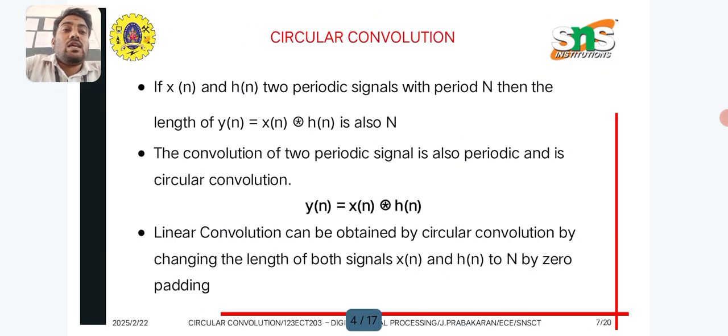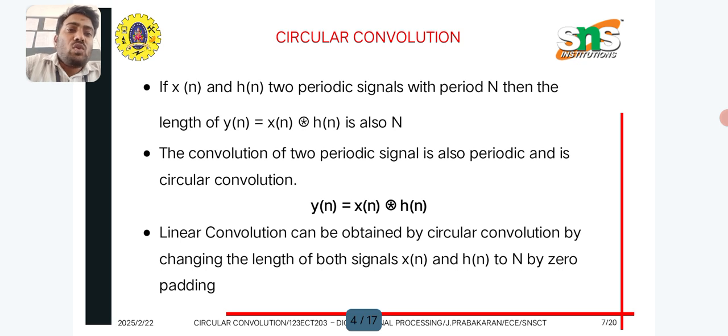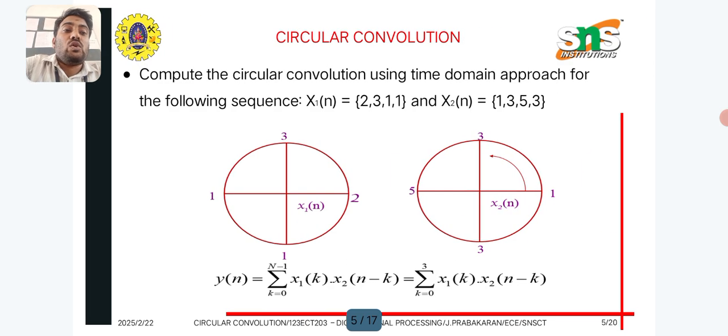You can see the formula y of n equals x of n circular convolution with h of n. y of n is nothing but the third signal x3 of n, where the first signal x1 of n is x of n and x2 of n is h of n.